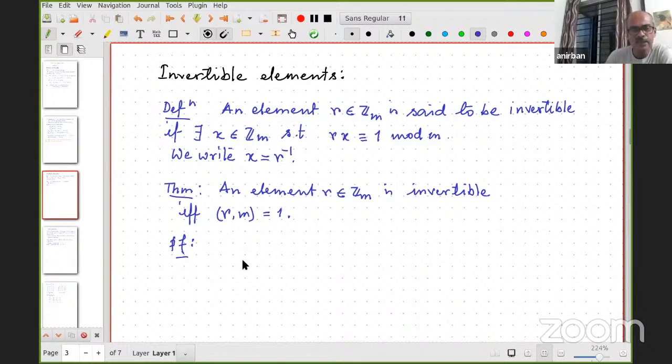So, let's try to prove this. Suppose r in Zm is invertible. So we go one way.